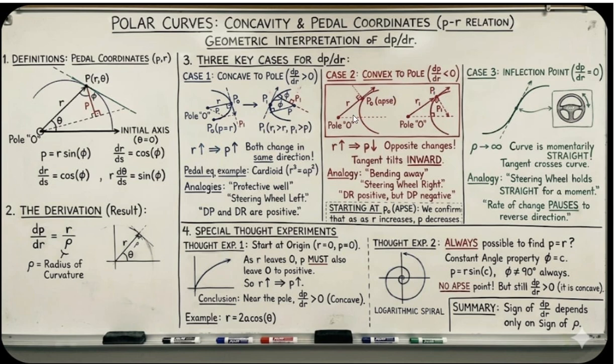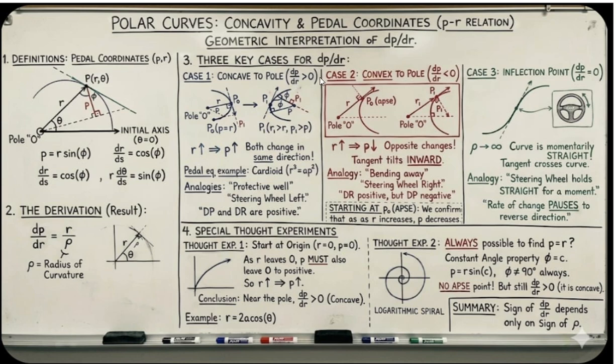But whenever the curve is convex to the pole, dp by dr is less than 0. It means that whenever the curve changes from concave to convex, dp by dr changes from positive to negative.